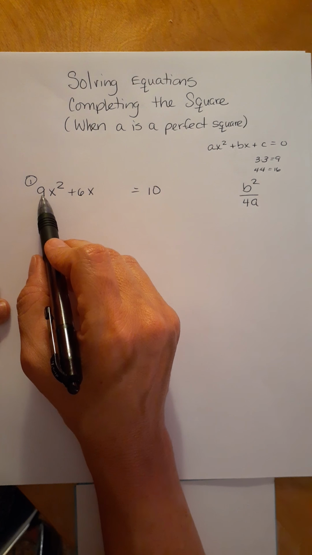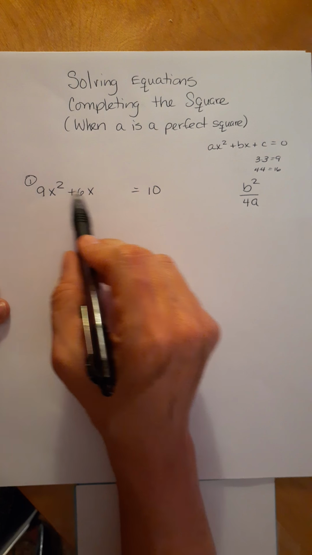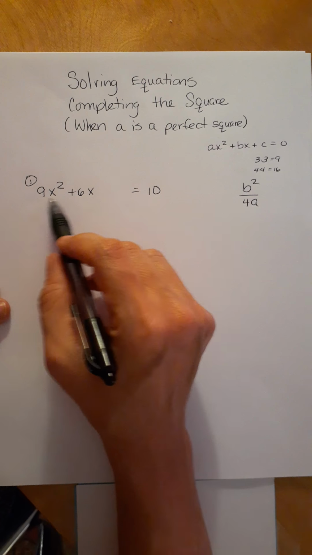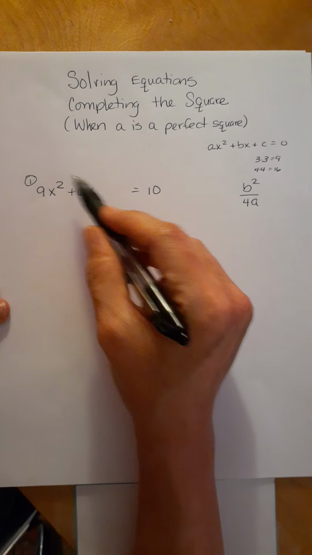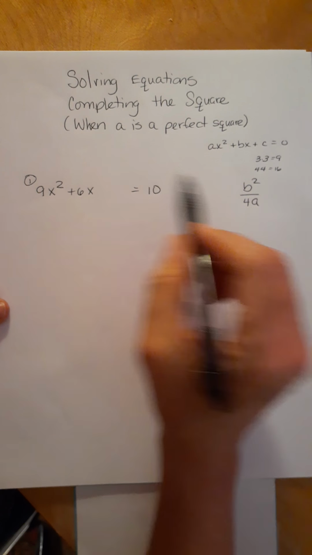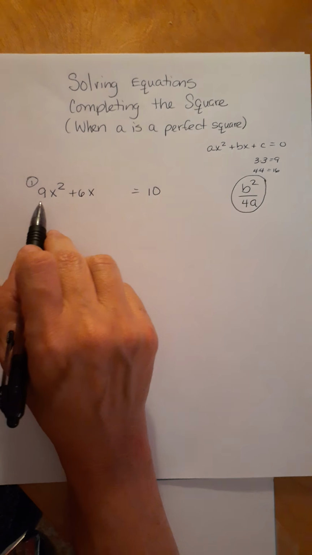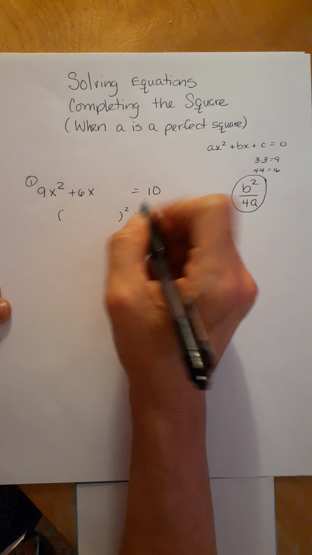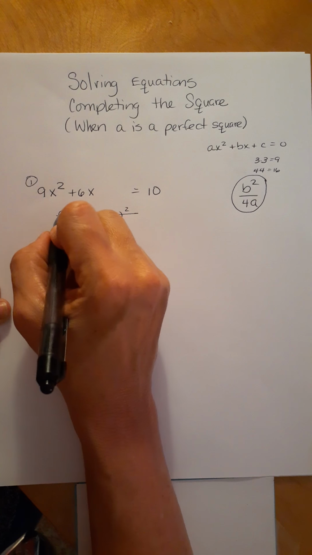So I say, this is a perfect square, and I'm going to complete the square and take the square root of both sides. Which is the basic formula we use to make this a perfect square? Well, actually, I got a little ahead of myself. Let's wait on that.